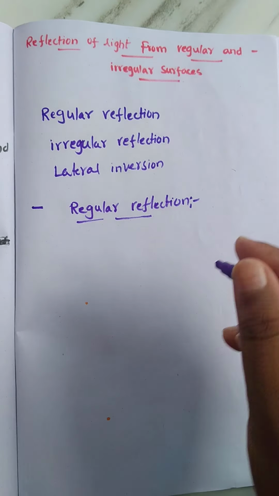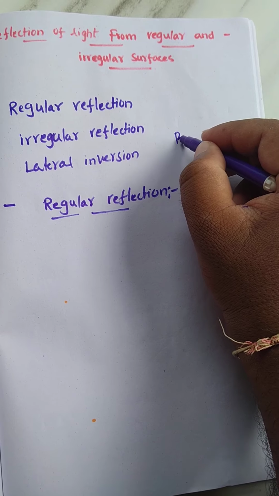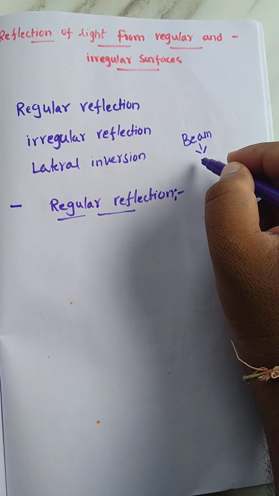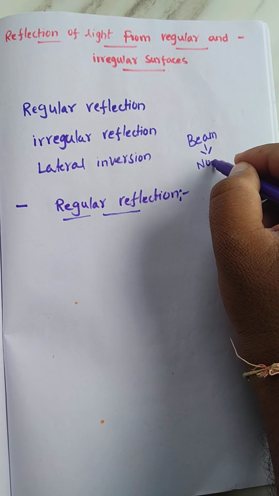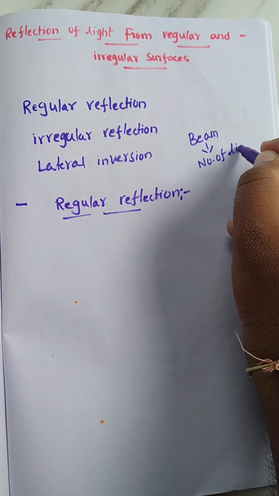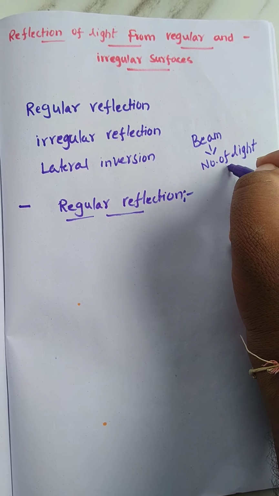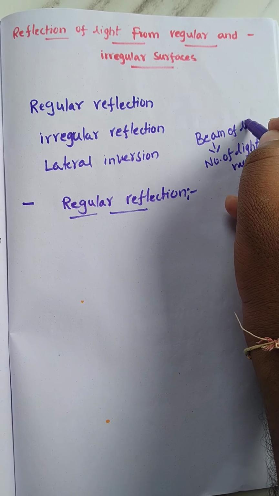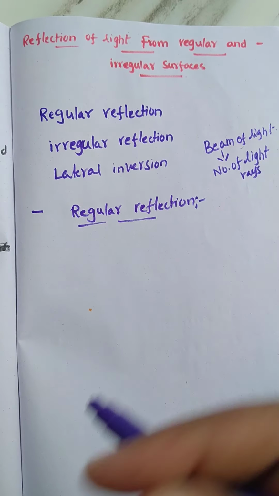Before that I already told you about a beam of light. A beam is nothing but what? Beam means a collection of light rays, or a number of light rays. So, beam of light.